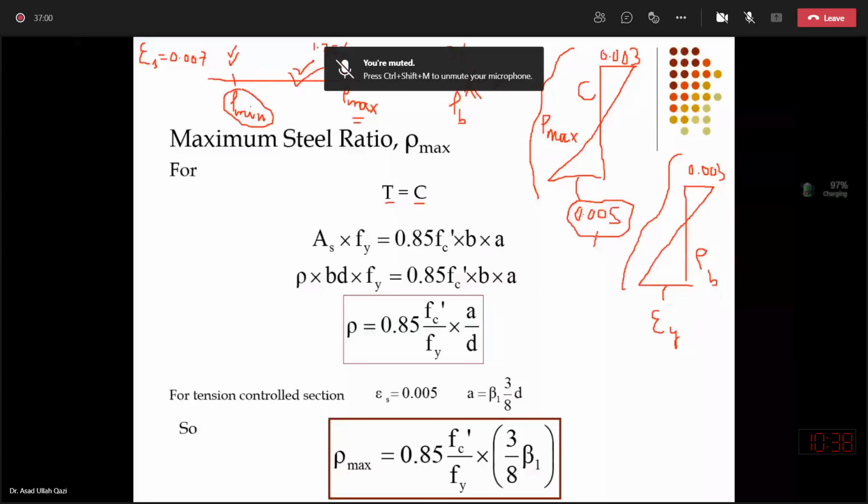So starting from T equal to C, I will put T as As fy. Since the section is under reinforced, there is no ambiguity regarding yielding of the steel, so I can confidently put fs equal to fy.